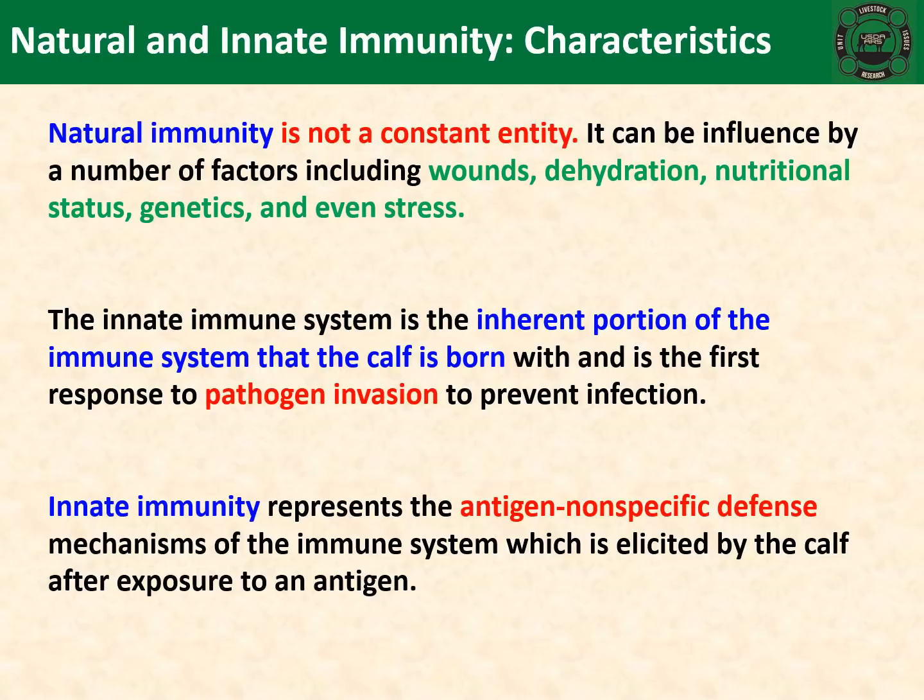The innate immune system, which we consider to be the inherent portion of the immune system that the calf is born with, is actually the first response to any pathogen invasion to prevent infection. Innate immunity also represents what we refer to as the antigen non-specific defense mechanisms of the immune system, which is elicited by the calf after exposure to an antigen.